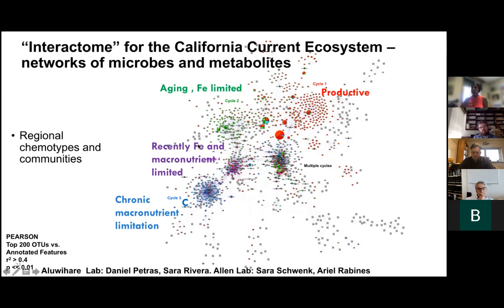And again, you see these different communities falling out and correlating with different metabolites. And then there is a group of metabolites and organisms that are correlated across many of the same, that show up in multiple regions.